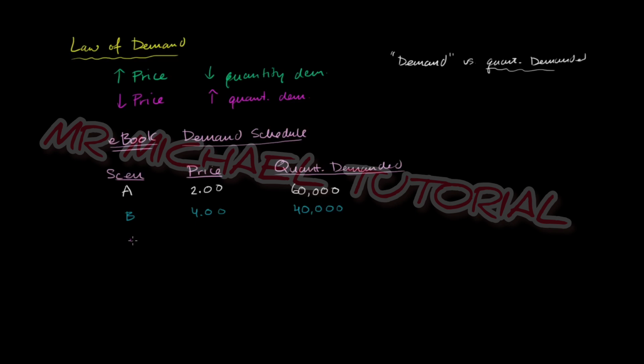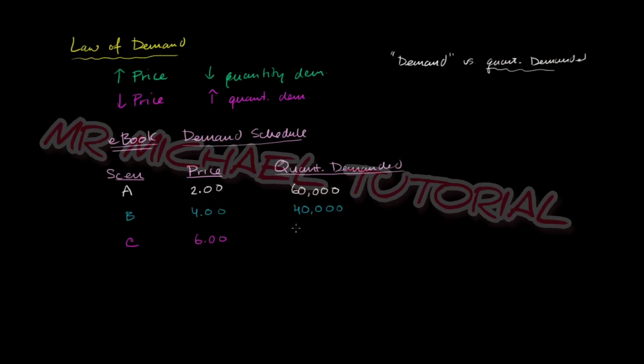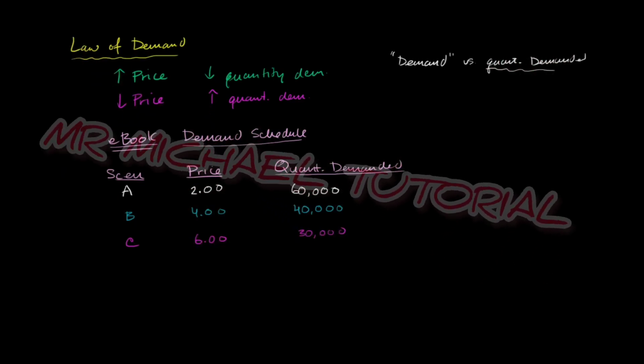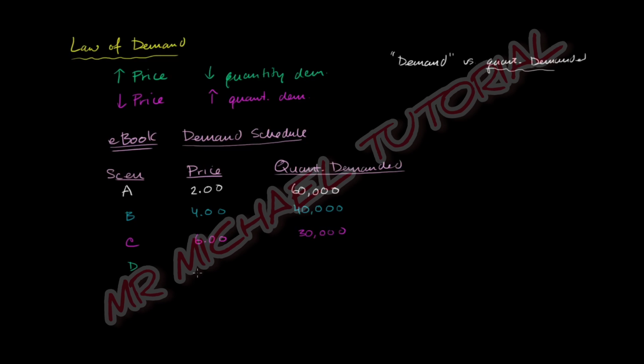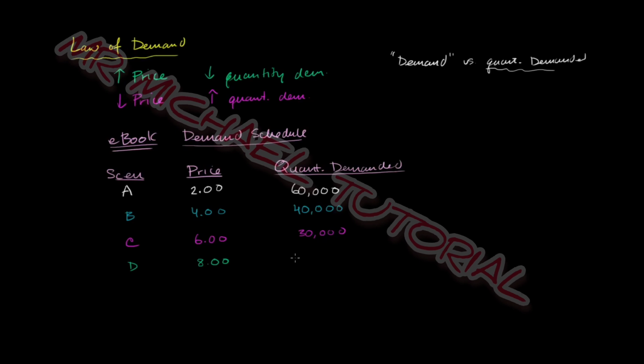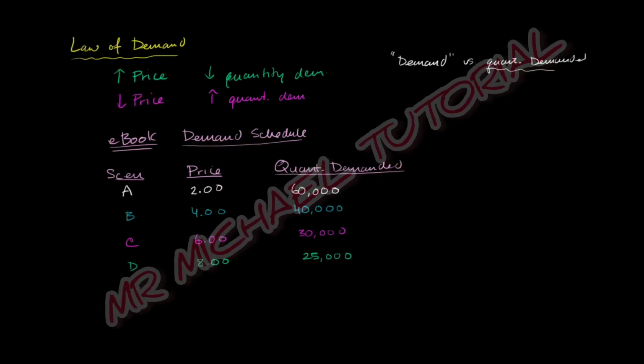Then I could go to scenario C. If I raise by another $2, so now I'm at $6, that lowers the quantity demanded to 30,000. I'll do a couple more of these. Scenario D, I raise another $2, so I get to $8 now. Now the quantity demanded goes down to 25,000, and I'll do one more of these.